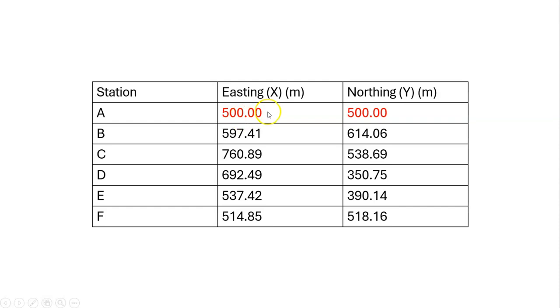A is that which was assumed or asked. There were 6 stations. These are the values which are calculated from the previous easting and northing values. Hope you've understood. Thank you.